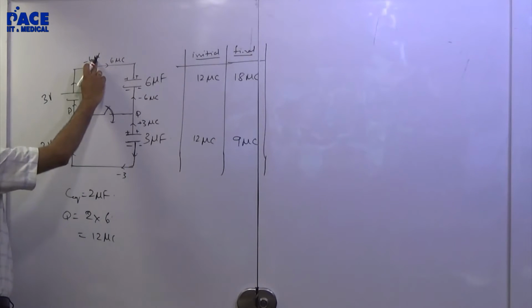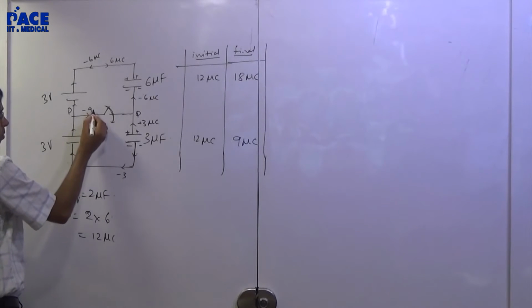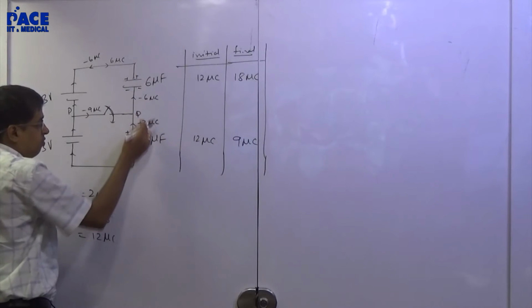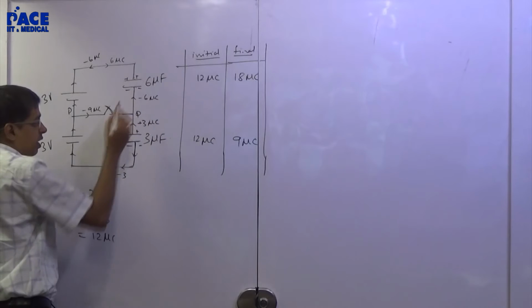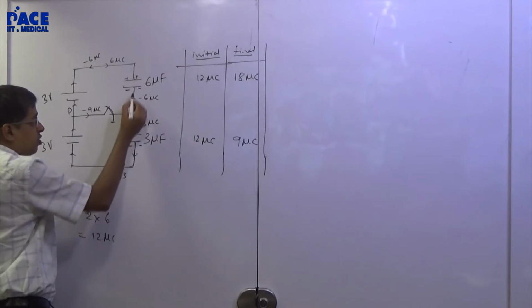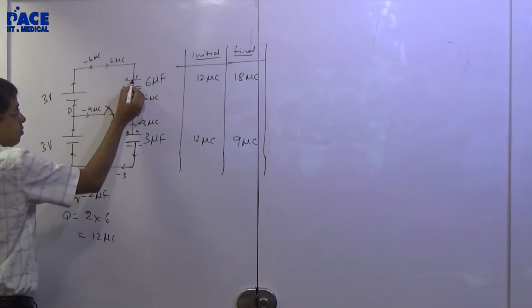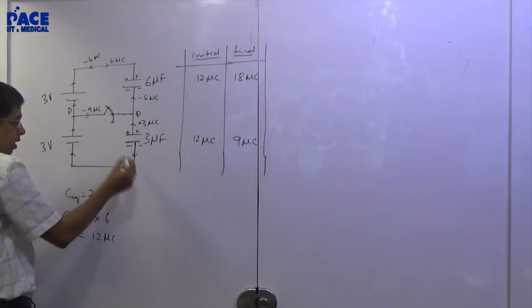Yes or no? Yes. Minus 6 minus 3 will be minus 9 microcoulombs coming this way. Does it fulfill my requirement? Minus 9 plus 3, will I get minus 6? Plus 6 microcoulomb this way is interpreted as minus 6 in the opposite direction.